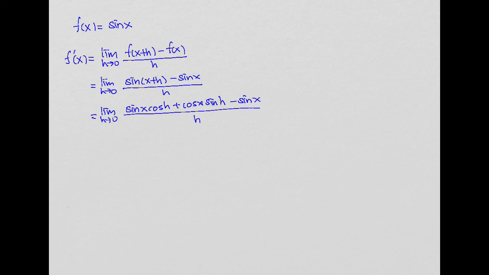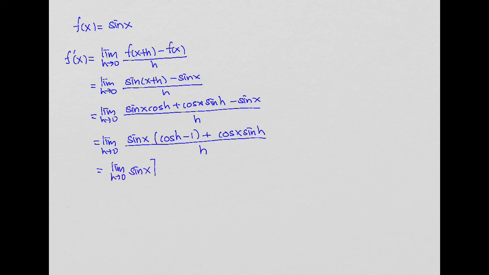And then we're going to combine the first and the third term together and common factor out the sine. Then we're going to use the properties of limits to break them into different parts.